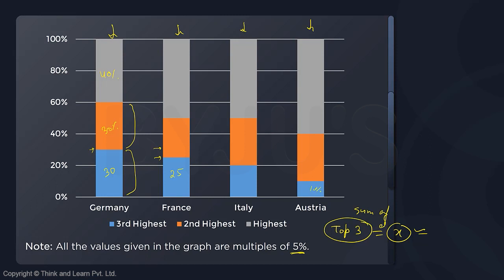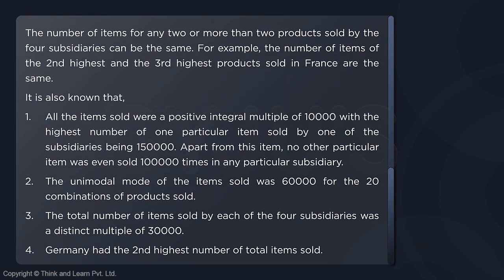Also, one thing is mentioned: the number of items for any 2 or more than 2 products sold by the subsidiaries can be same. So, for example, the number of items for second highest and third highest product for France is same.